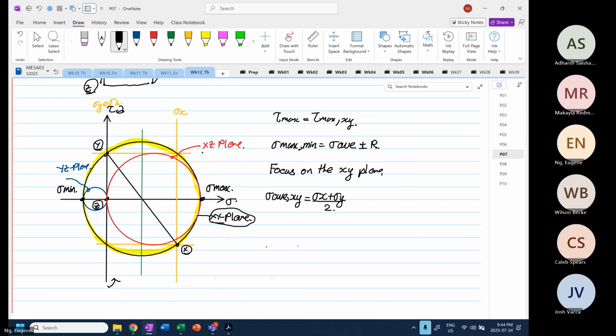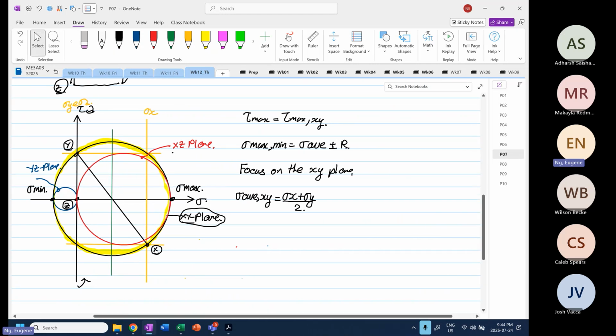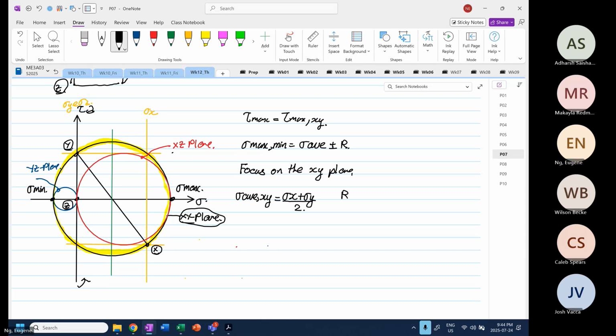Okay. And then for this case, we can also now calculate your radius, which is your tau max xy.